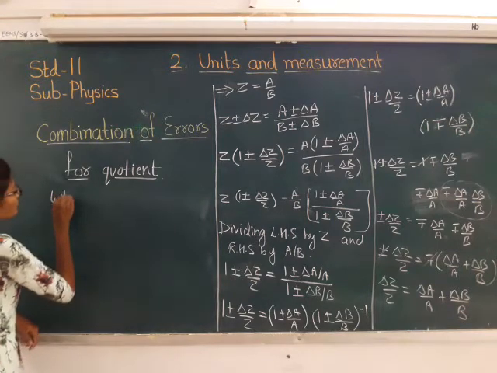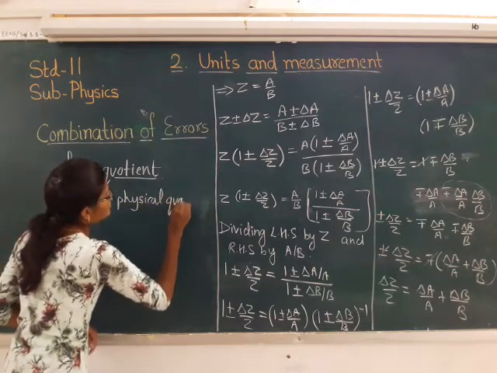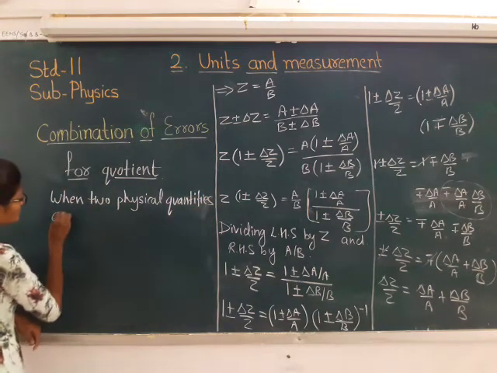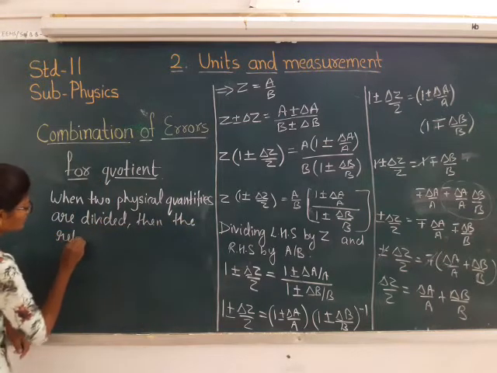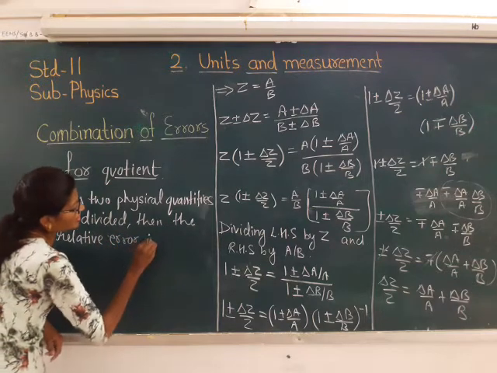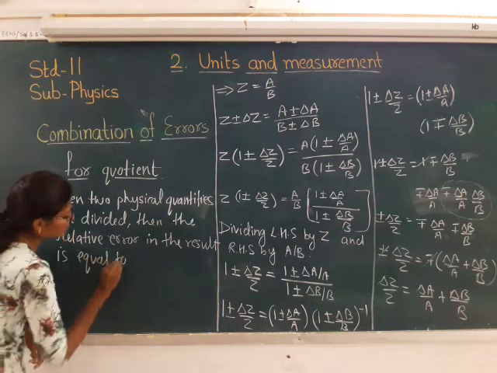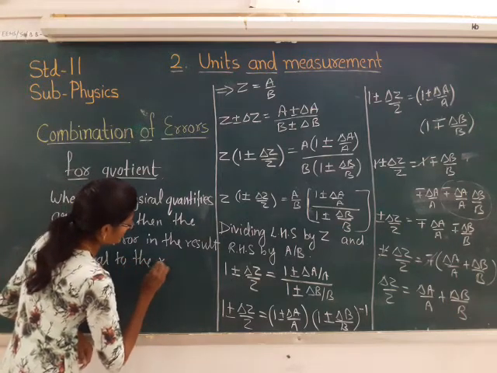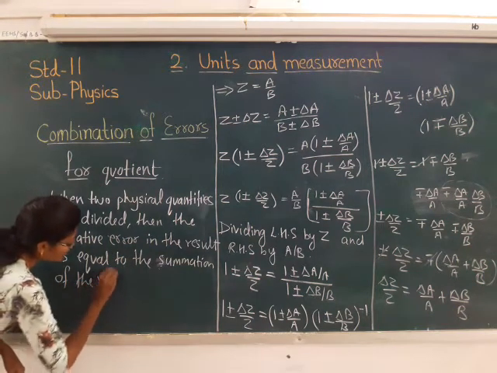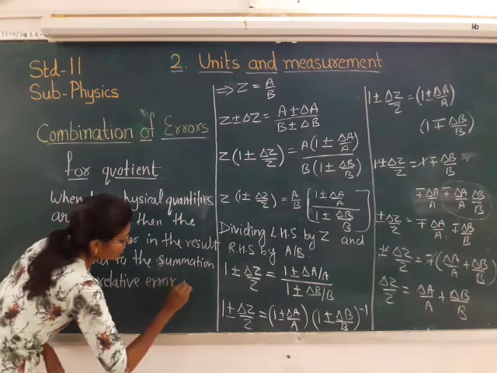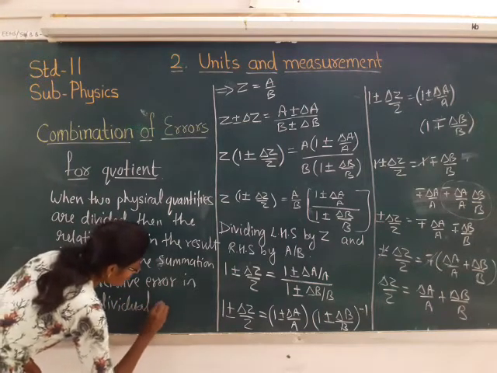Let us write the rule. When two physical quantities are divided, then the relative error in the result is equal to the summation of the relative error in the individual quantities.